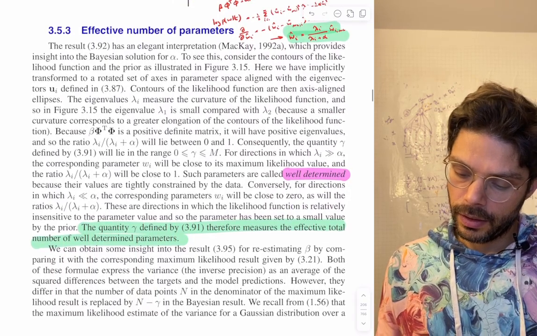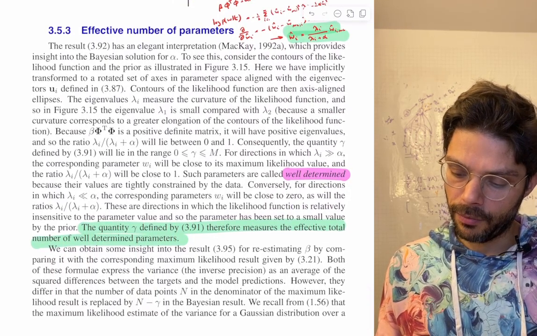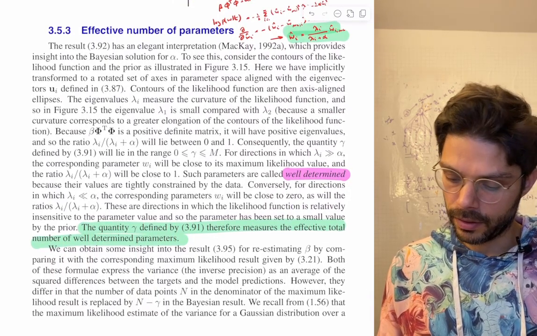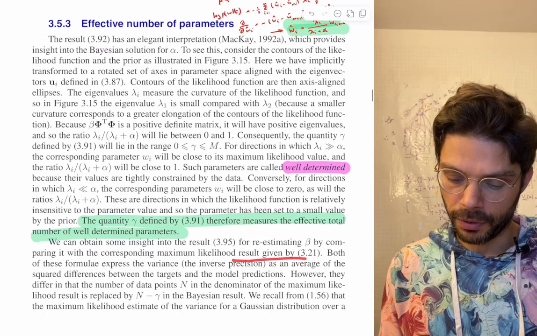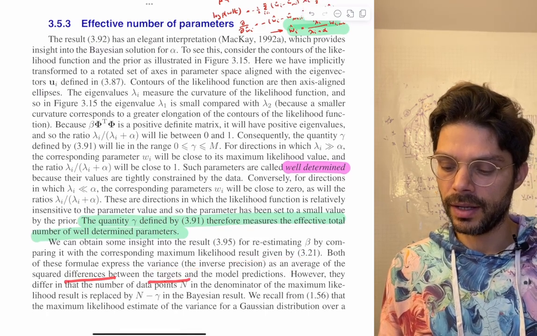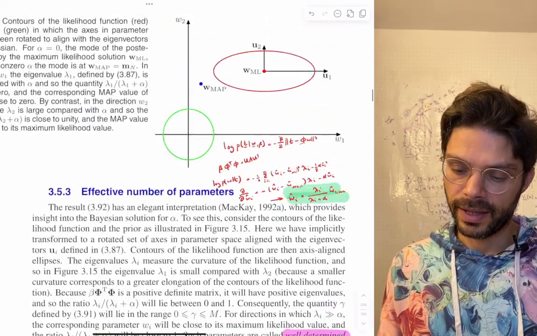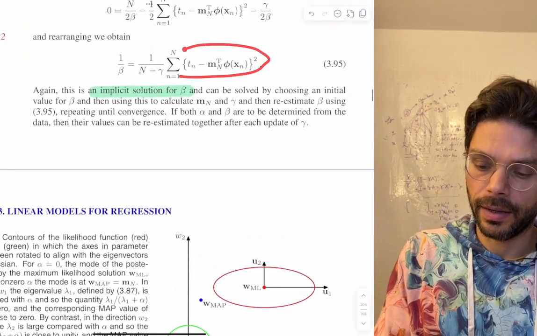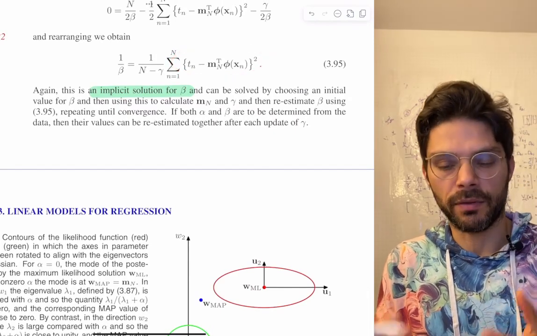By re-estimating and comparing it with the maximum likelihood result, both these formulae express the variance as an average of the squared difference between the targets and the model prediction. That's what this is: the average, which is a formula for variance.